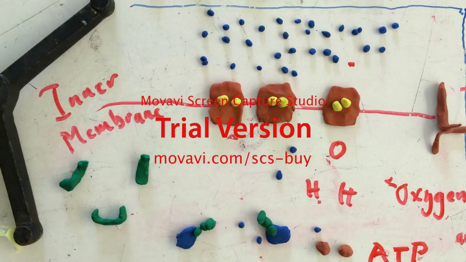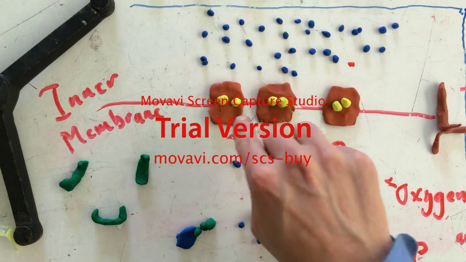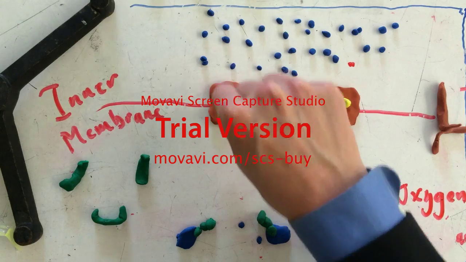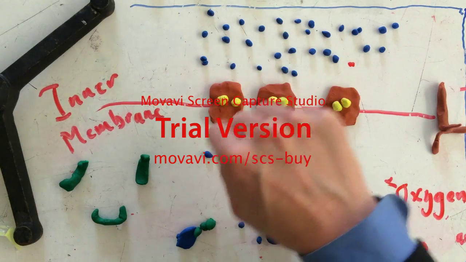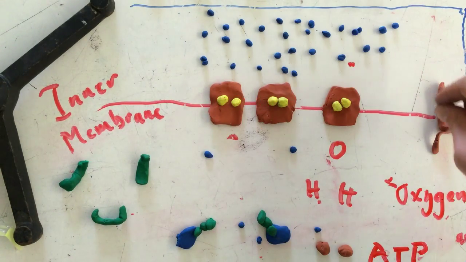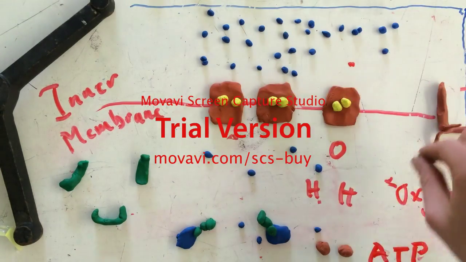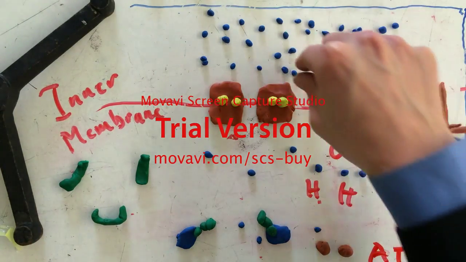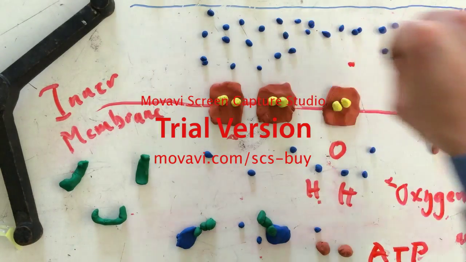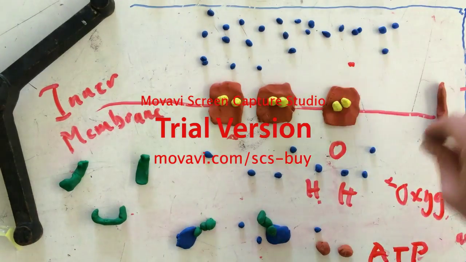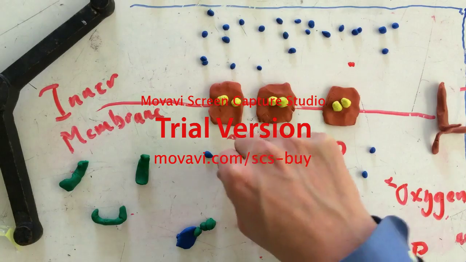Now, these electrons can only give energy to these proteins for so long. Eventually, they're going to run out, and they won't be able to pump hydrogen ions out anymore. So these hydrogen ions are still flowing back in through ATP synthase, and they will do so until there is an equal amount on either side of this membrane.